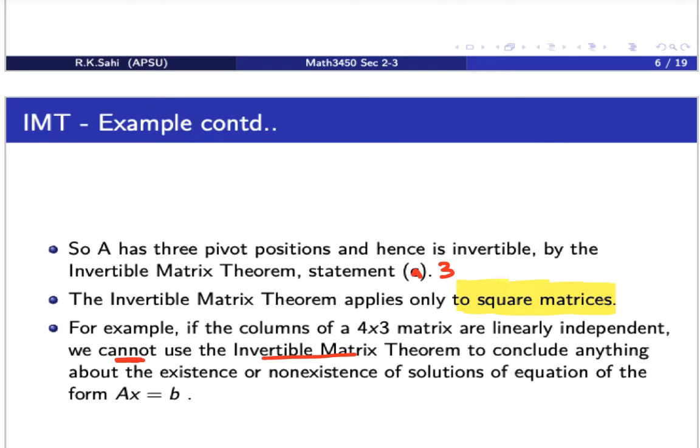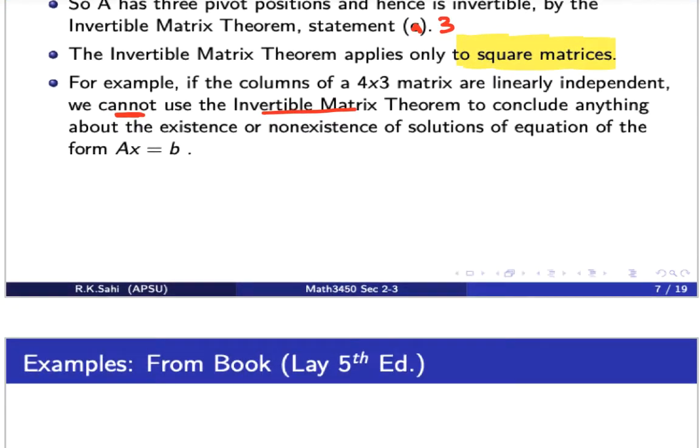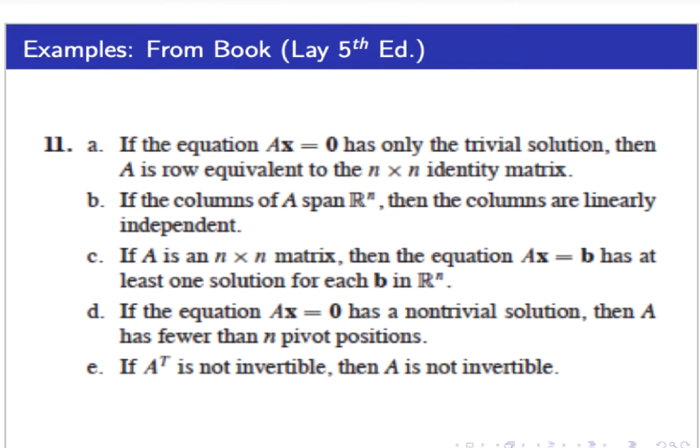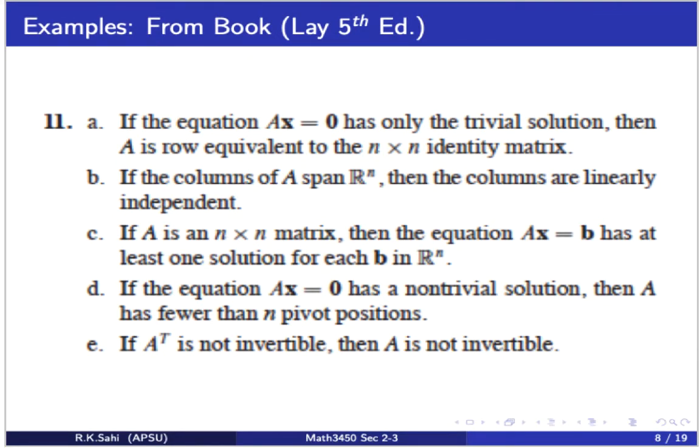Now let's go ahead and do some examples from the book, and we are using the 5th edition. Let's start with question number 11, which has true-false statements for us. Here it says, if the equation Ax equals 0 has only the trivial solution, then A is row equivalent to the n by n identity matrix.